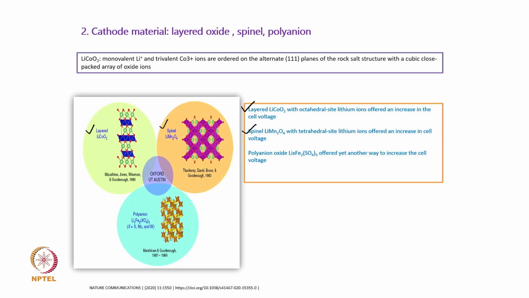Apart from these oxides, people also investigated a new material known as polyanion, something like LiFe2XO4, where X is sulfur, molybdenum, tungsten, etc. Various people started looking at that XO4 as a polyanion in different combinations, and they have seen increased stability along with maintaining a higher voltage.